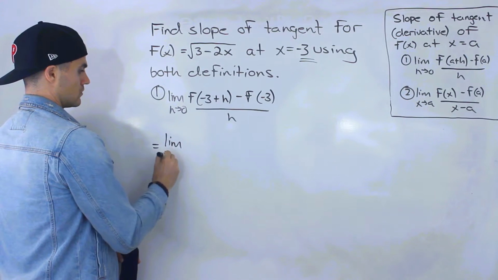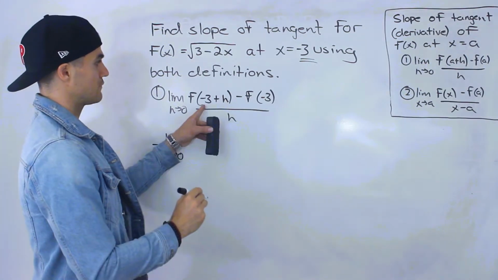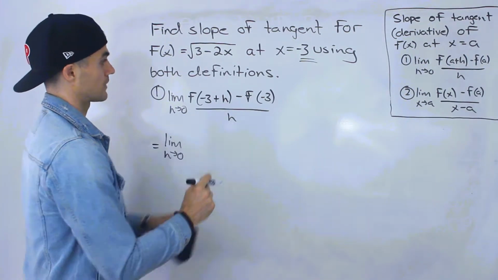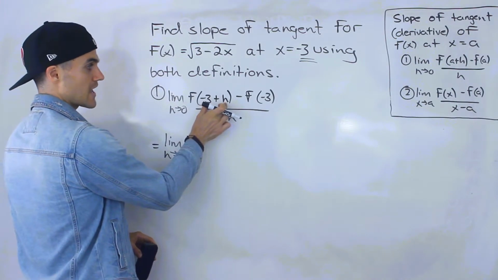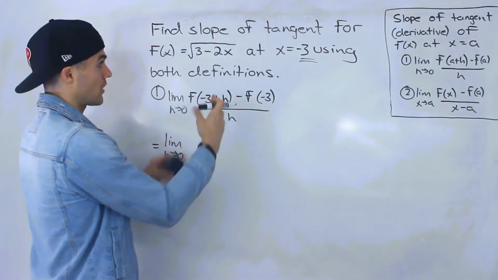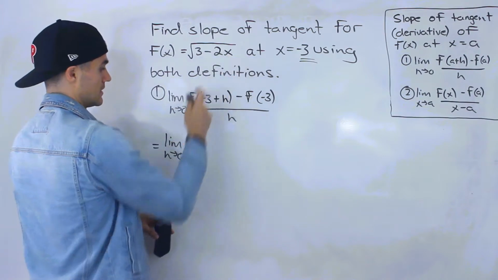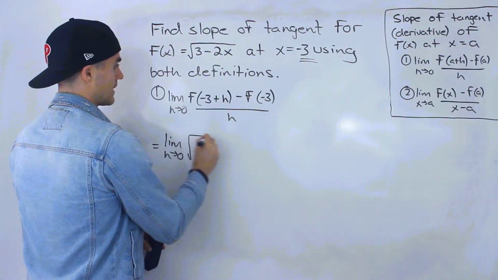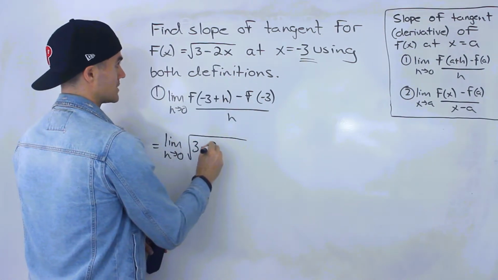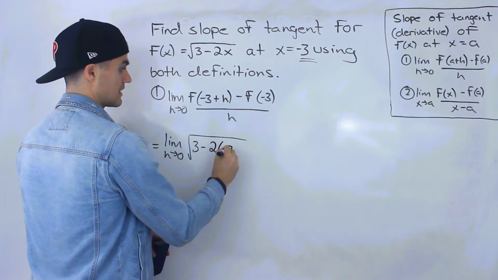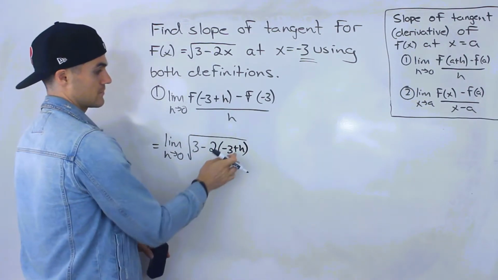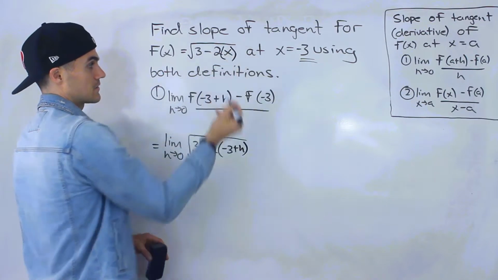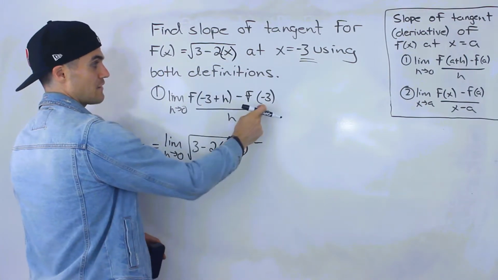So what we've got to do now, what's f of negative 3 plus h going to be? Well, we would take this negative 3 plus h, this expression in brackets, and plug it in for the x. So we would end up getting the square root of 3 minus 2 times negative 3 plus h, that goes in brackets, this x here, minus f of negative 3.